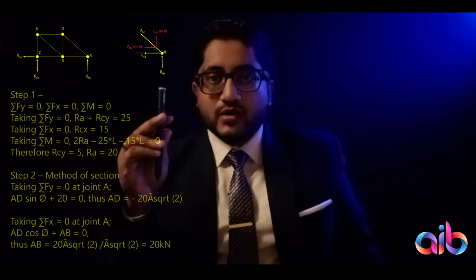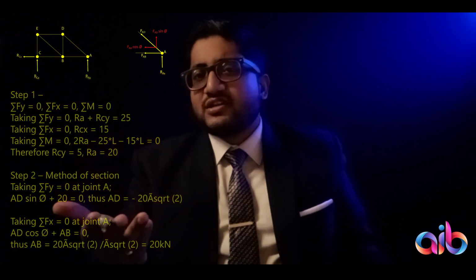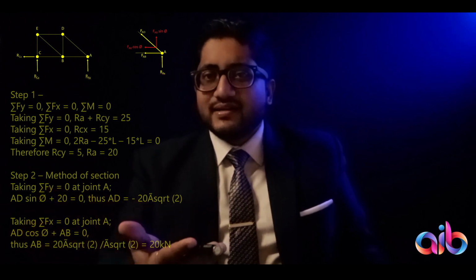So now you know that AD sin theta is negative 20, which means if you had considered this upward, it should actually have been downward. That's fine. But sin 45 is 1 by root 2. So AD by root 2 is minus 20. So AD itself, working at an angle, is minus 20 root 2.